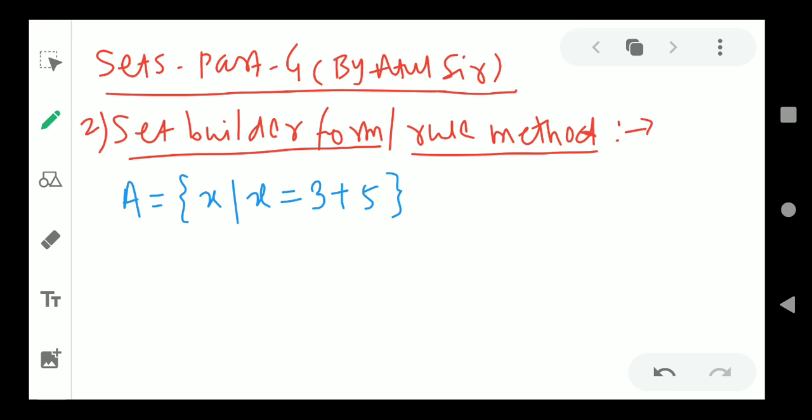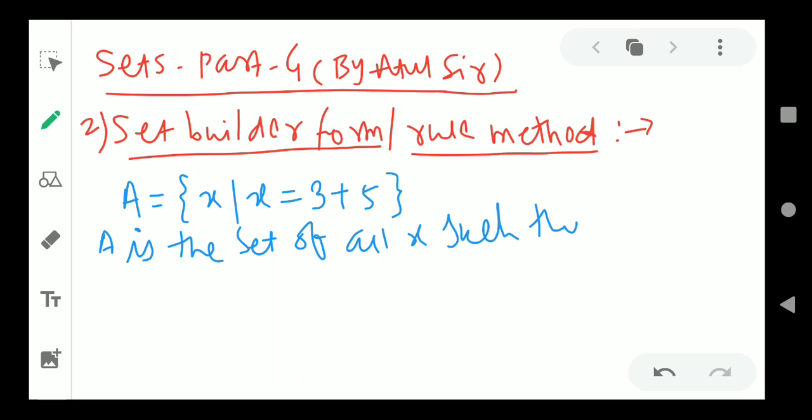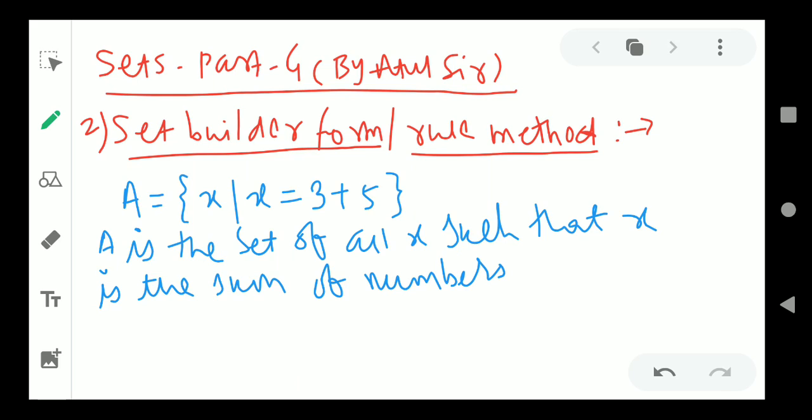So it can be read as: A is the set of all x such that x is the sum of numbers 3 and 5.